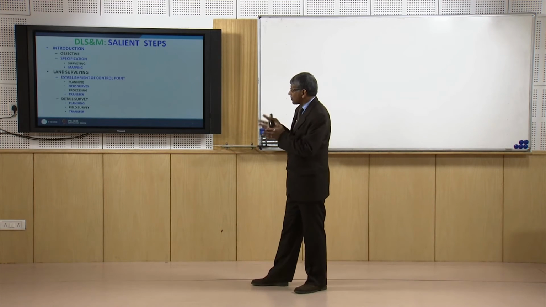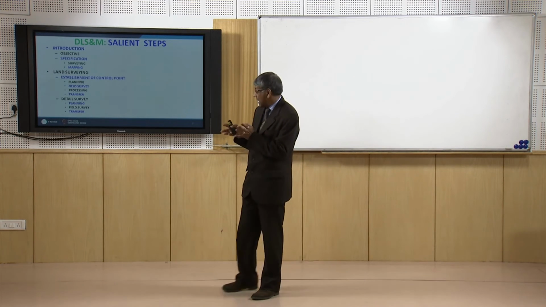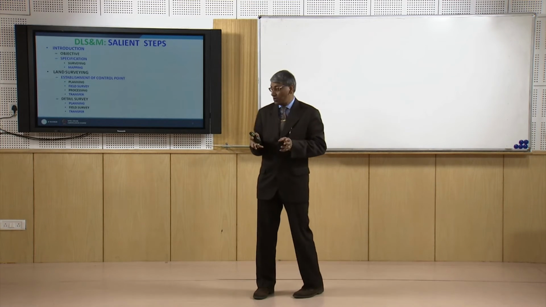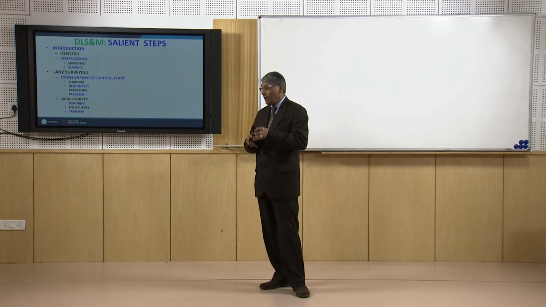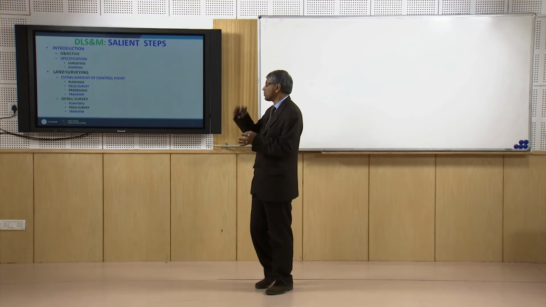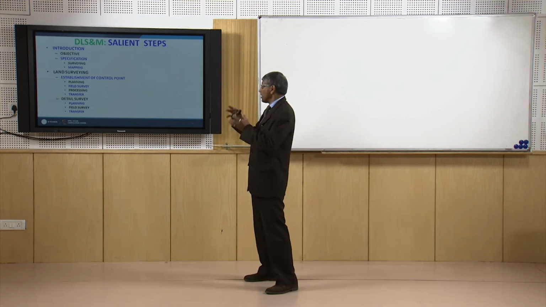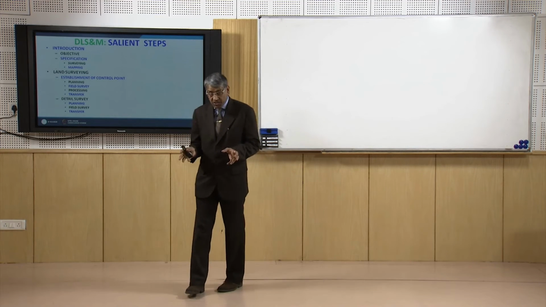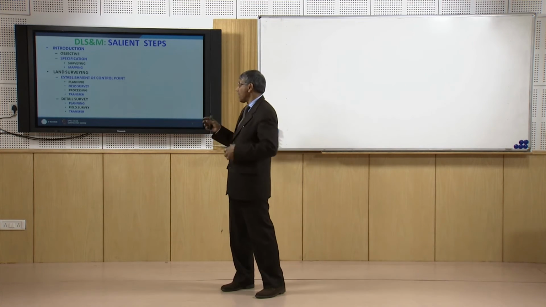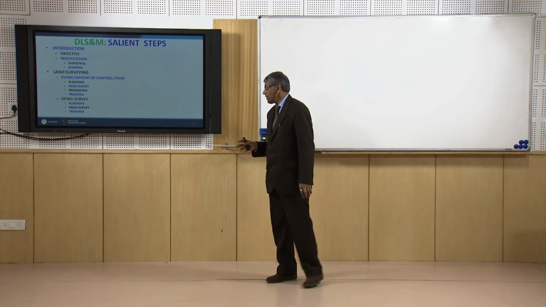So once the control point has been established and we have located the point, collected the data, processed the data and got the location of the control point, then that location of the control point has to be transferred to the total station, because we will make use of the total station to collect the detailed information about the topography of the area, that is called detailed survey.